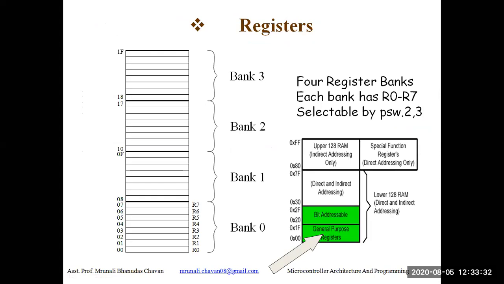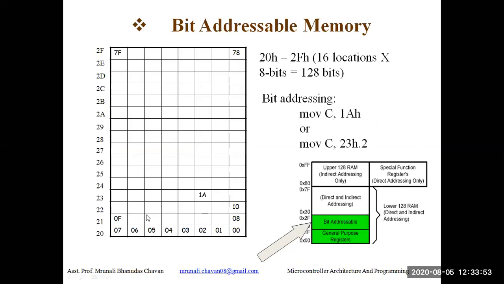By default, bank 0 will be selected. If we do not program any bit in the PSW register, then bank 0 will be selected, that is registers R0 to R7 will be selected from bank 0, which means memory locations 00 to 07 will be selected. Next one is bit addressable memory. Here it is shown.